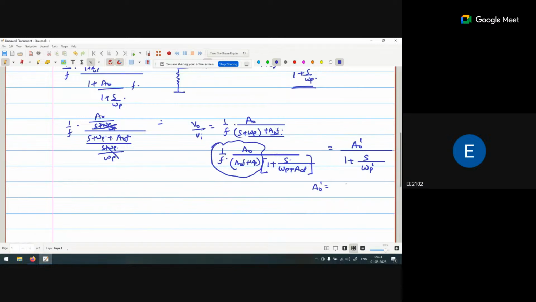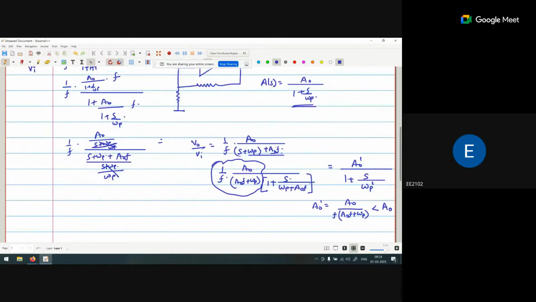So A naught dash is A naught by f into A naught f plus omega p. So this value will be less than A naught by f. Okay, if I say that initially my DC gain is this one, now the DC gain is this one. So this DC gain will be less than A naught f.